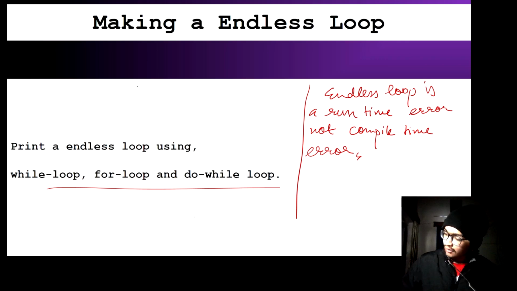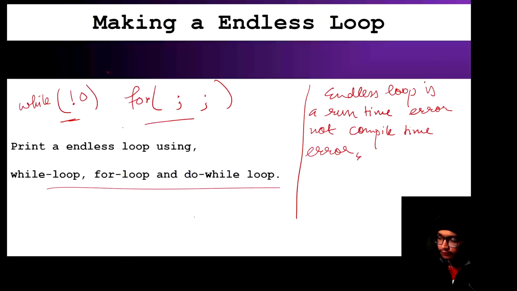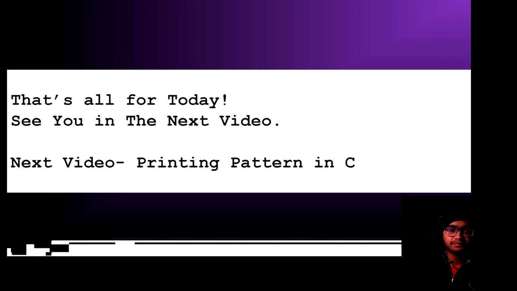Okay, now you can also implement endless loop by writing for loop like this, just for the sake of convenience. And for while we have learned this, that is not 0. So we can do endless loop or non-terminating loop by using these two conditions for having fun. It is not a productive thing. Okay, so endless loop is a runtime error, not compile time error.